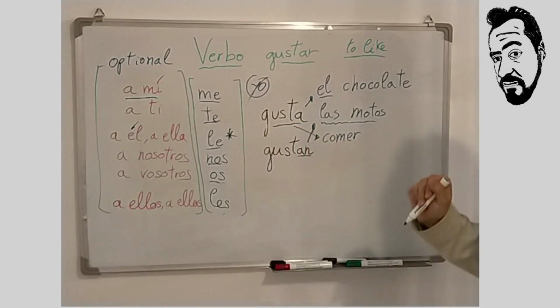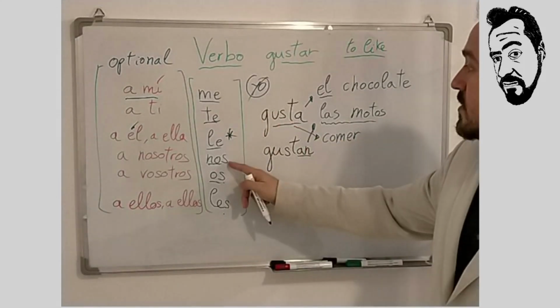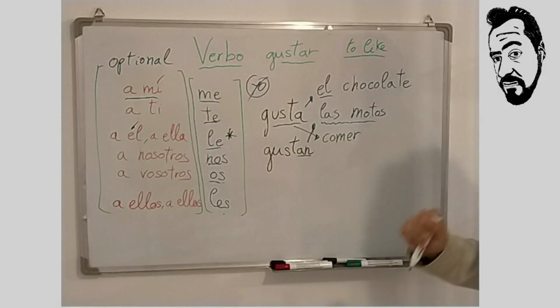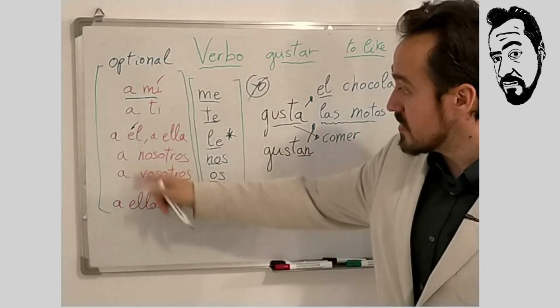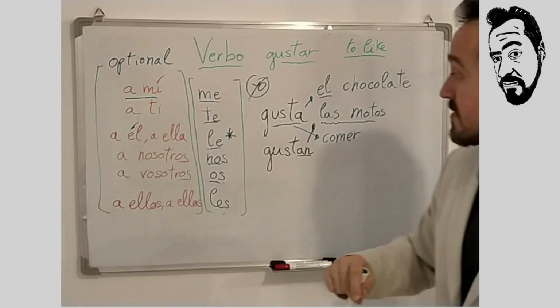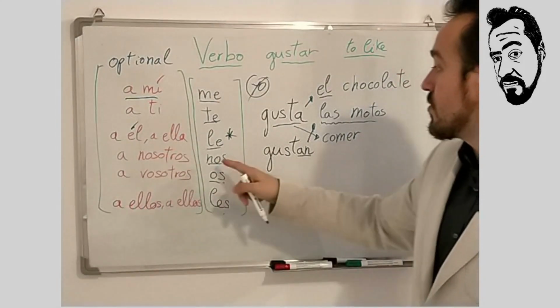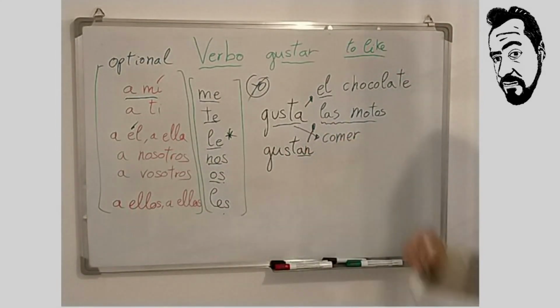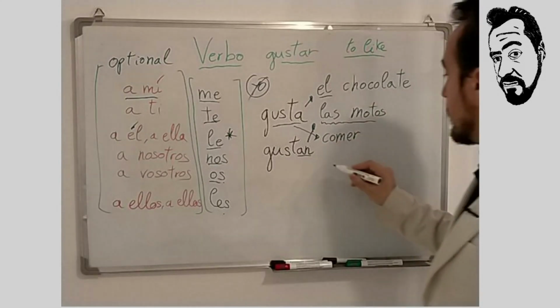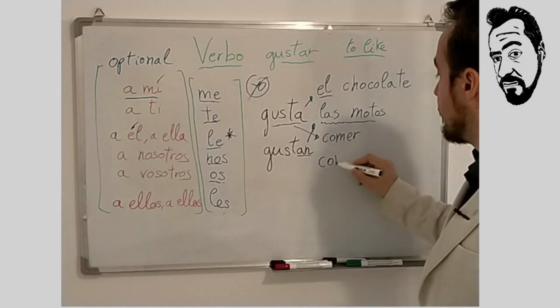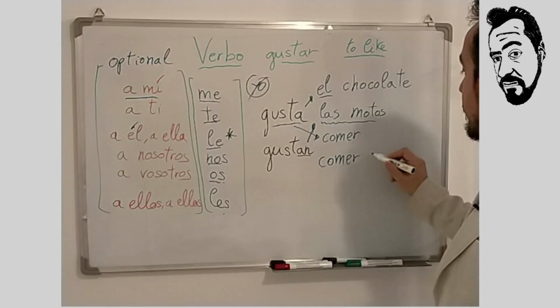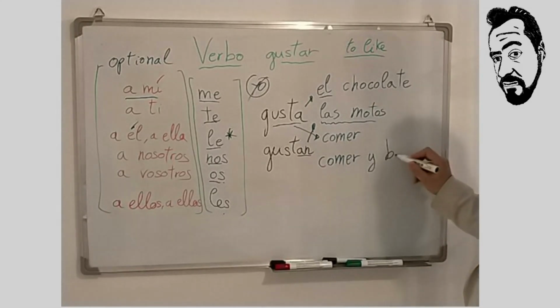You like eating. Te gusta comer. We like eating. Nos gusta comer. Of course, you can also add this bit. Even place it somewhere else in the phrase. A nosotros nos gusta comer. Okay. Gonna add another one.